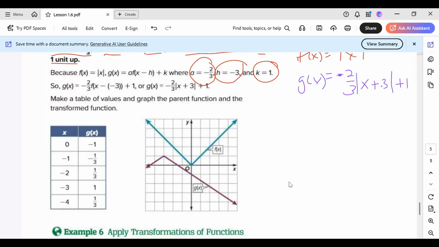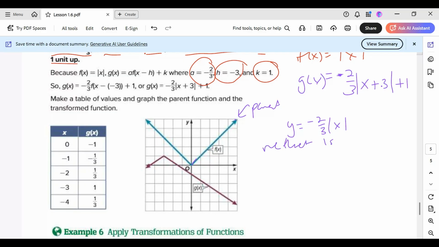So here's our problem. Here's our parent function. First thing I would do is reflect it. You're going to reflect it by a factor of negative 2/3. So if you do a table of values, you're saying negative 2/3 times x. Do your reflection first.